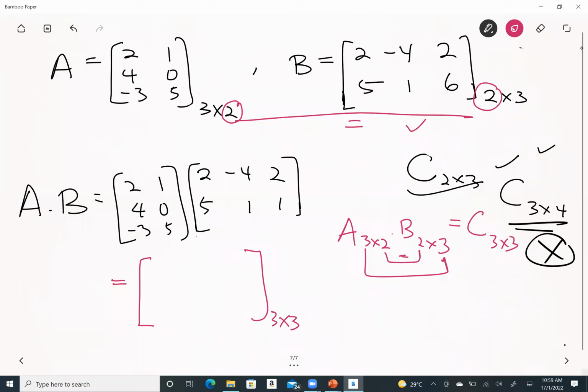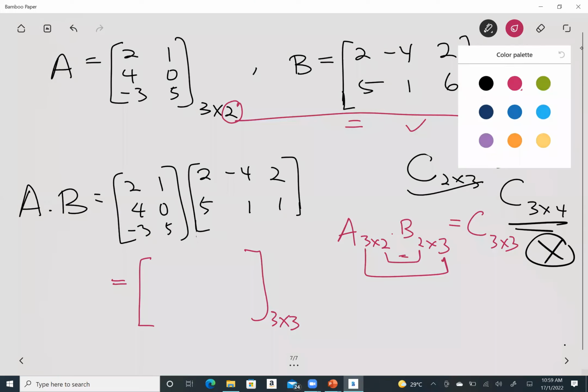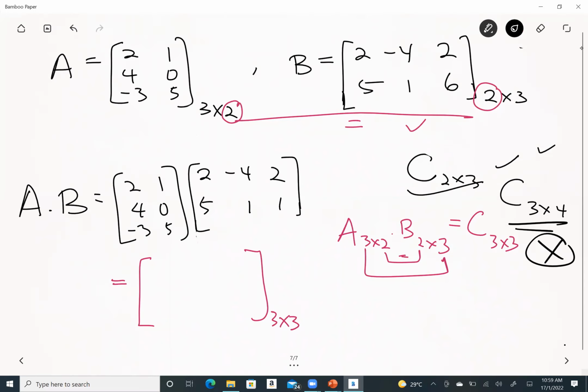Kita buat multiply using the row column multiplication. So here for the first one, first row, okay, row number 1, you multiply, you got 2 1. Multiply to column 1 of the other matrix.